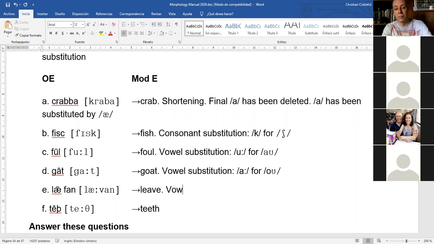What should I write? Tell me. Vowel substitution and shortening. Vowel substitution. Very good.